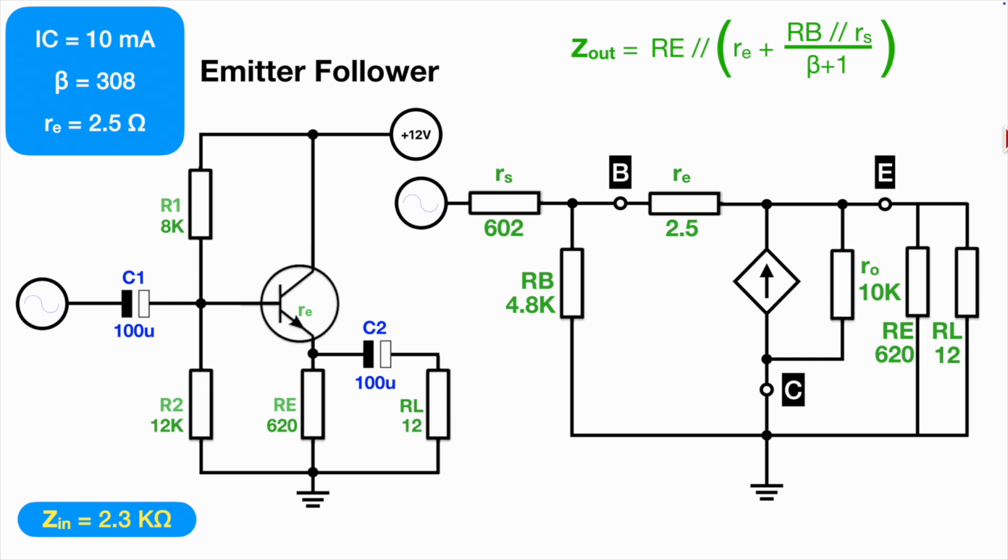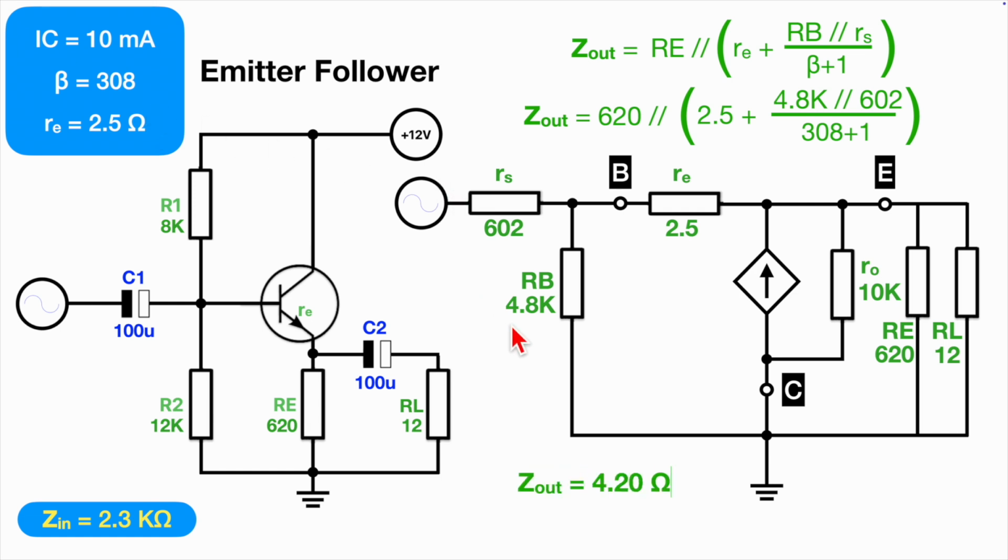And you just have to plug the numbers in. 620, which is our resistor here, in parallel with R sub E, 2.5, in parallel with 4.8, that's RB, the base resistor in the voltage divider, in parallel with the source input resistance, 602, divided by beta plus 1. And when you do that, you get an output impedance of 4.2 ohms.